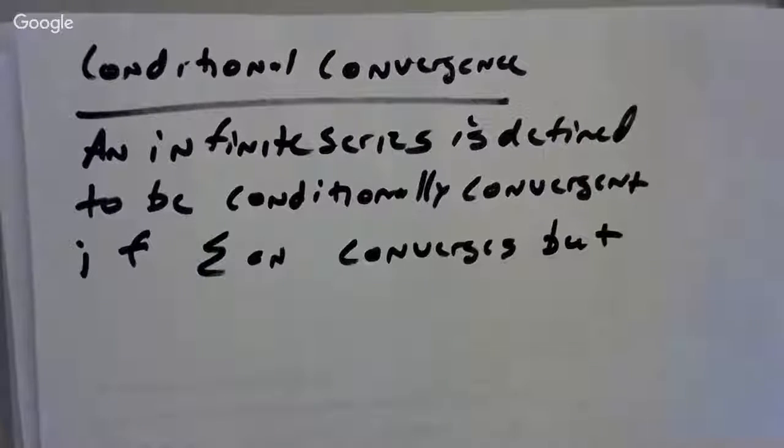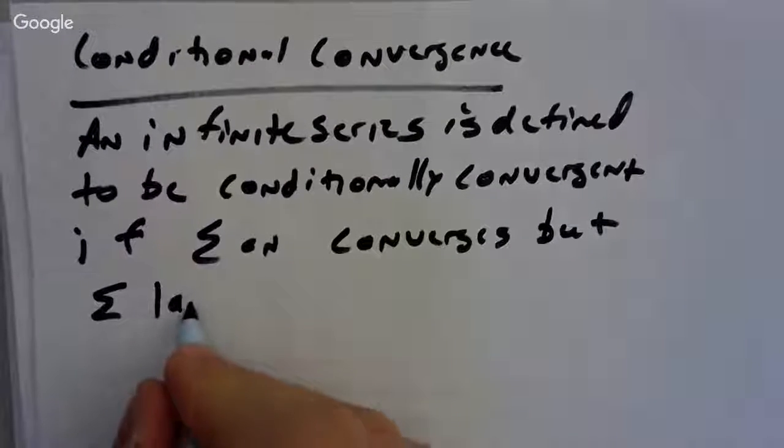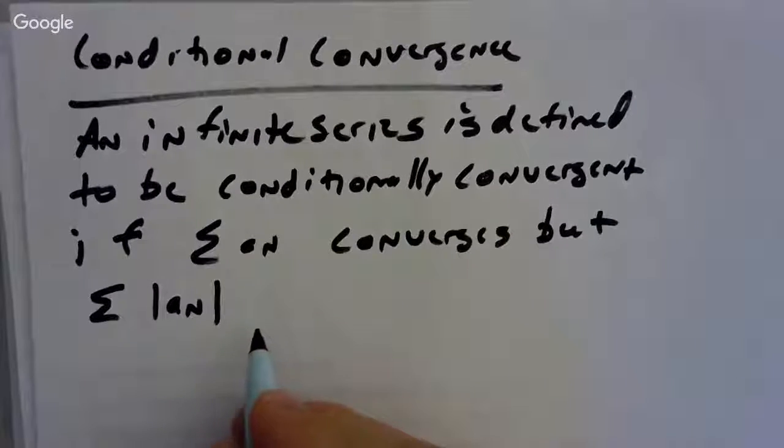But, okay, we're going to talk about absolute value. If the absolute value converges, this has to converge. That wouldn't be conditional convergence. So what does the absolute value have to do? What's it going to have to do then?